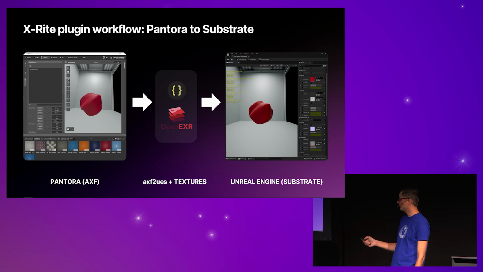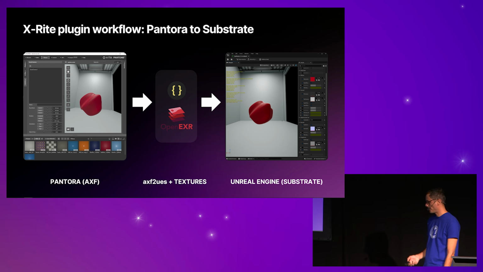Then they use the Interchange framework to make their custom translator, so they can read their own file formats and generate their own materials using Substrate. Leveraging both Interchange and Substrate, they could quickly set up a plugin where you can read their custom material and generate Substrate material in the engine. Cool.